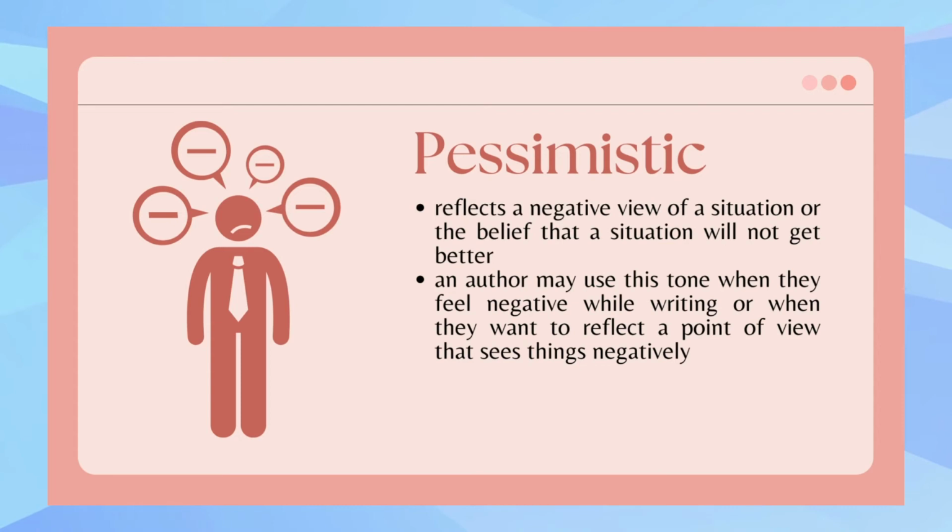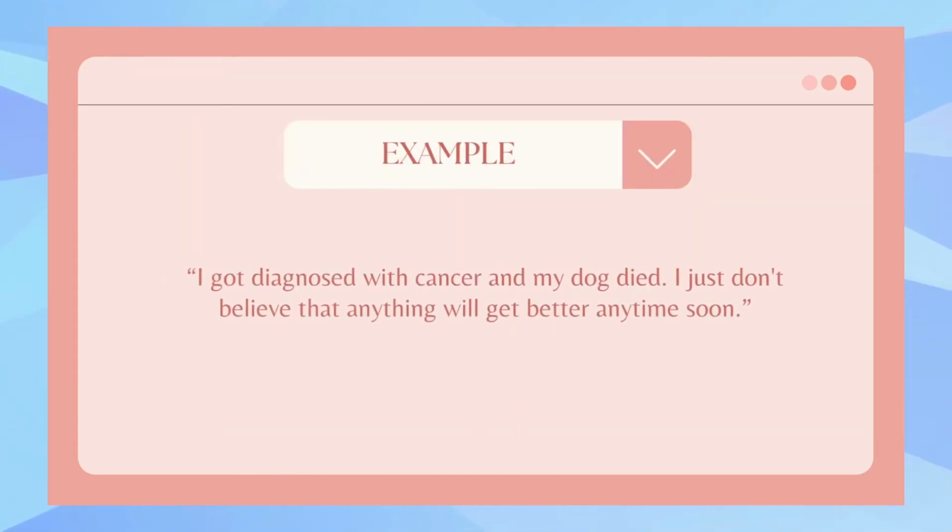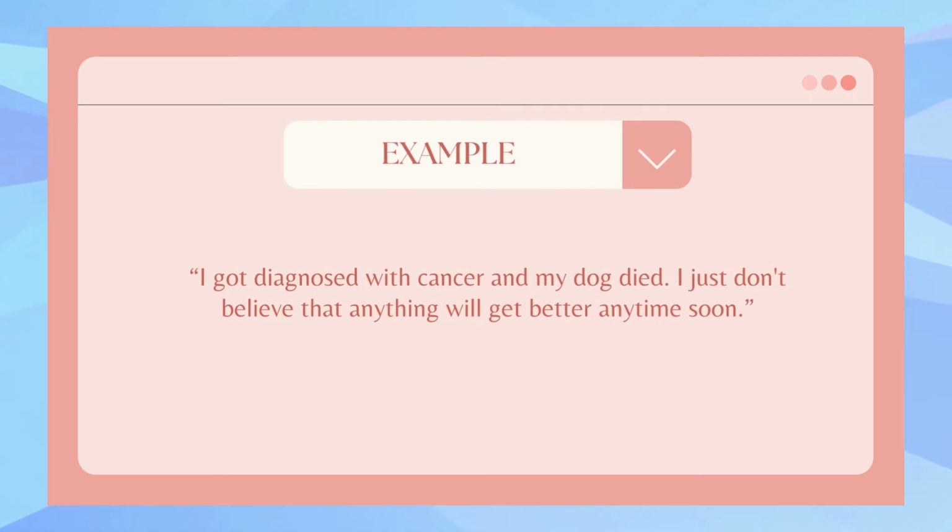Okay, so we are very much familiar with this tone because we often hear or read this, specifically in social media sites. Am I right? Okay, so for the example, I have here one example. Okay, I got diagnosed with cancer and my dog died. I just don't believe that anything will get better anytime soon.